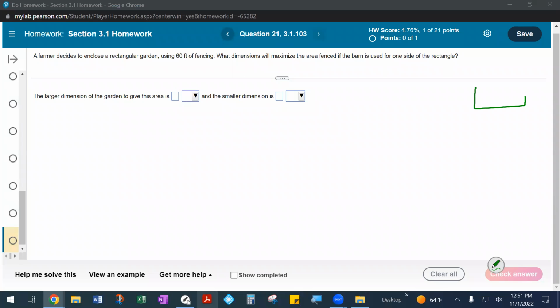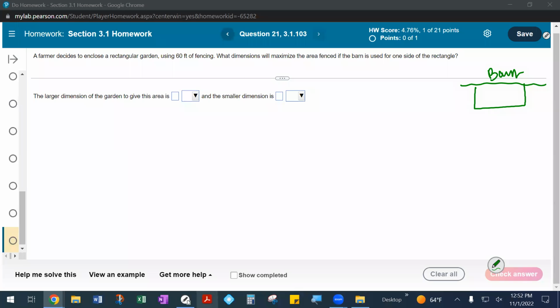So technically that 60 feet of fencing is only going on 3 sides, because you're just using the barn as the 4th side. It doesn't matter if you have 2 widths and 1 length or the opposite. You're only using 60 feet of fencing for 3 sides instead of 4 sides. And I think the example we had done in class might have been 4 sides.